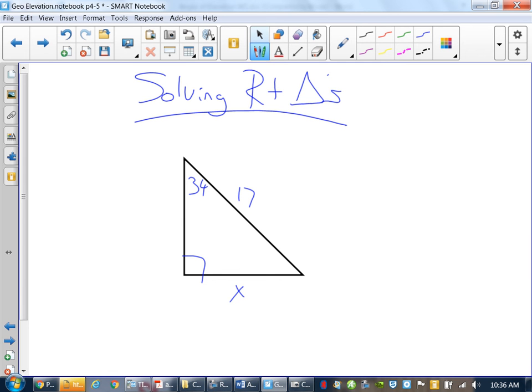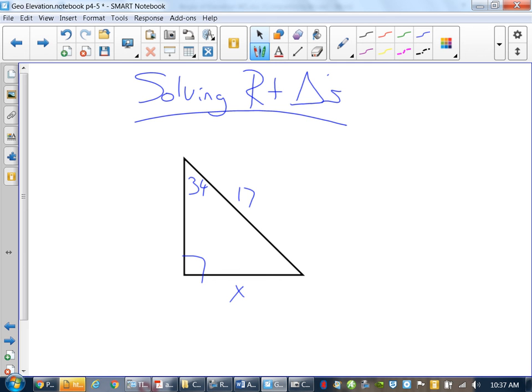Whereas if I'm given 1 side and 1 angle, that means I have to find 2 sides using trig, and then I have to find 1 angle via subtraction. That's all it is. You already have 1 angle, and you get the other angle by subtracting from 180.